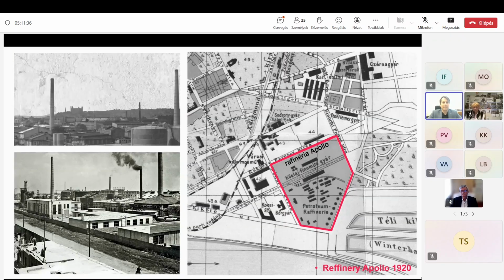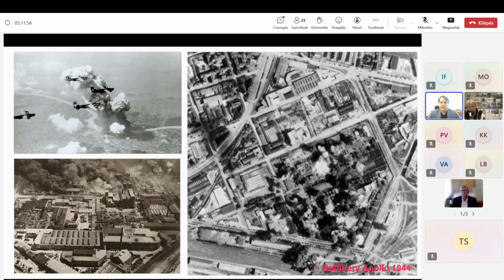Our first case study, which was already mentioned, is the former refinery Apollo in Bratislava, close to Winter Harbor, which was built at the beginning of the 20th century. As Anna Gondova already mentioned, it was bombed during the Second World War.